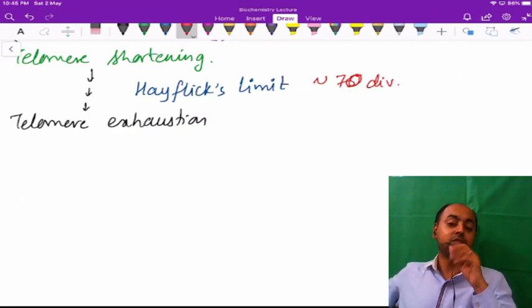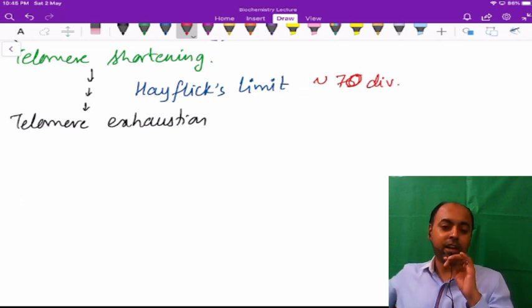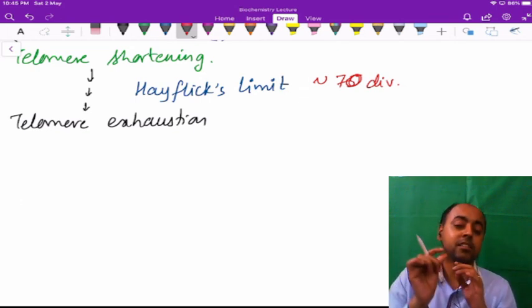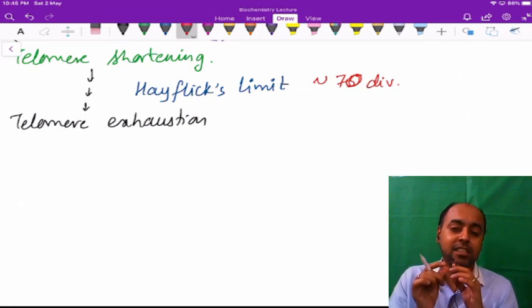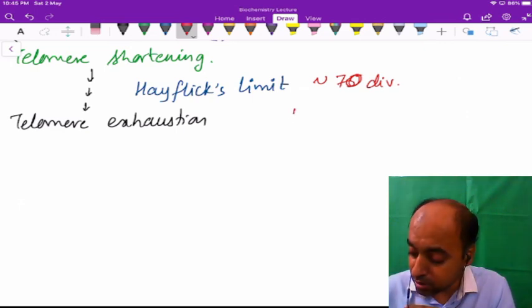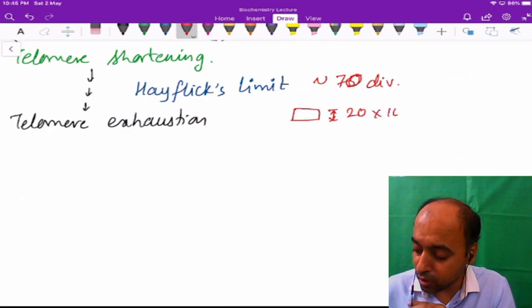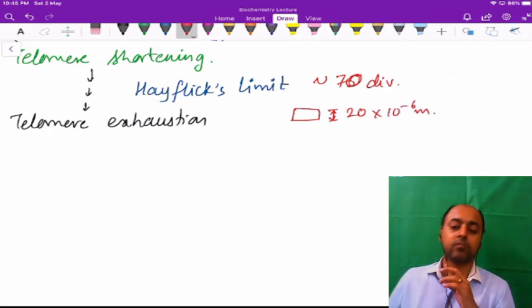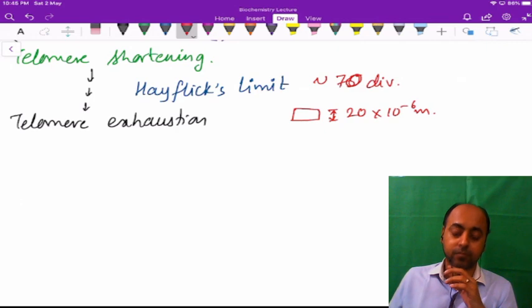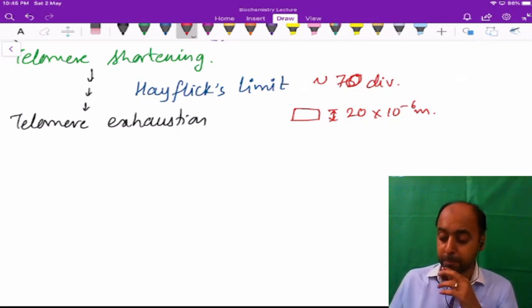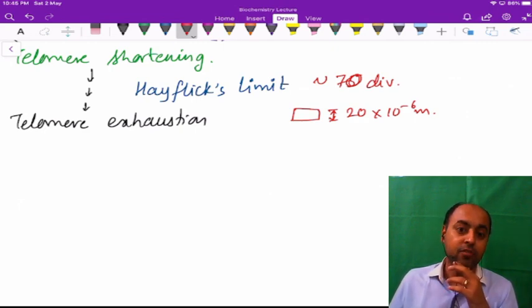Now if you look at the cells which make up the hair, you'll find the hair cells are very small in size. Their height is barely 20 microns, meaning to reach a height of 10 centimeters you will need roughly, I'm saying roughly, 5,000 divisions.